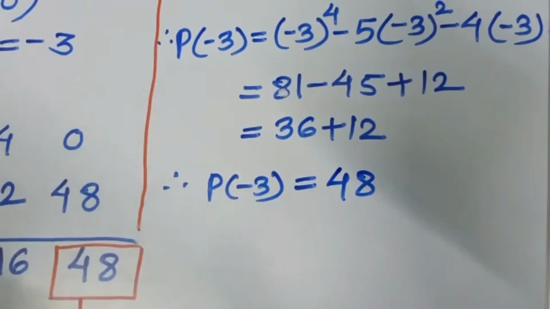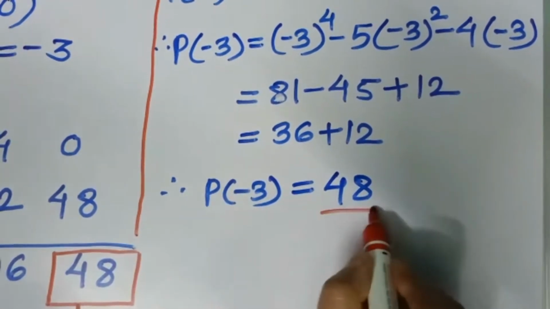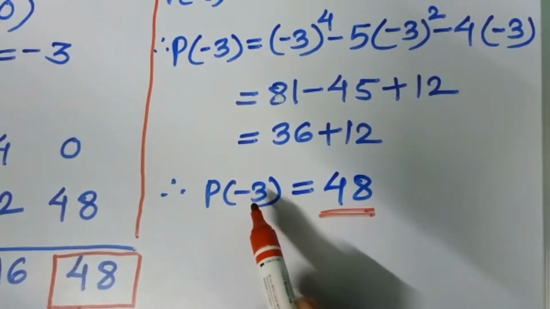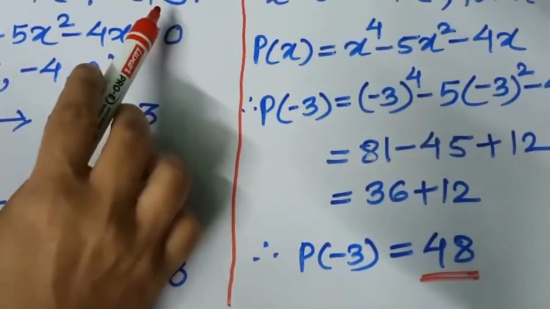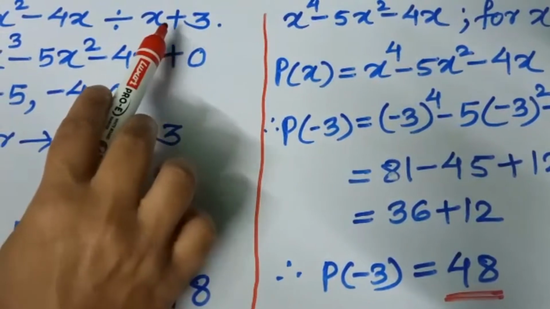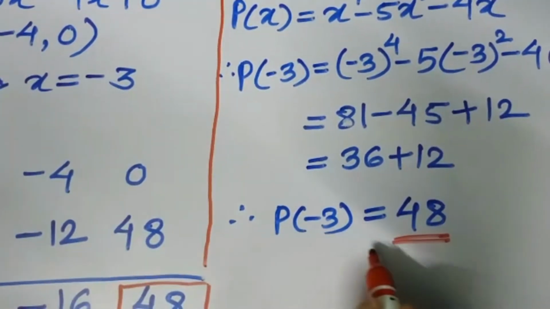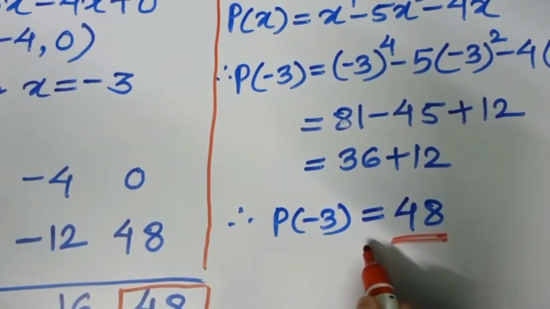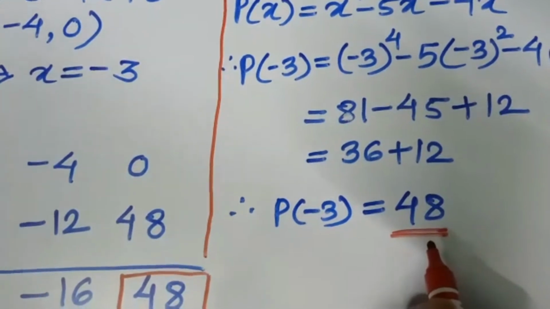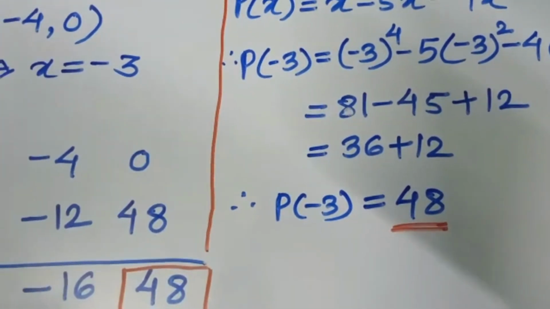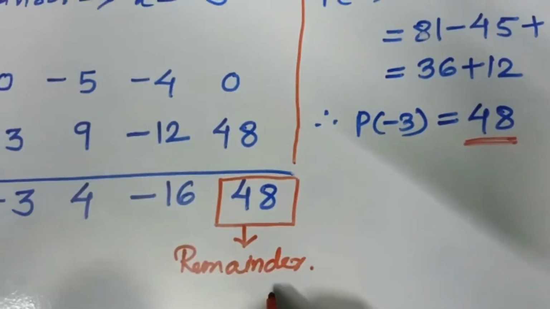So see what is the relation between the value of the polynomial we obtain after putting the opposite number of this divisor. Here divisor is x plus 3 and opposite number of x plus 3 is x is equal to minus 3. So here what is the relation between the value of the polynomial we obtain after putting the opposite number of the divisor and the remainder that we obtain by dividing first polynomial by second.